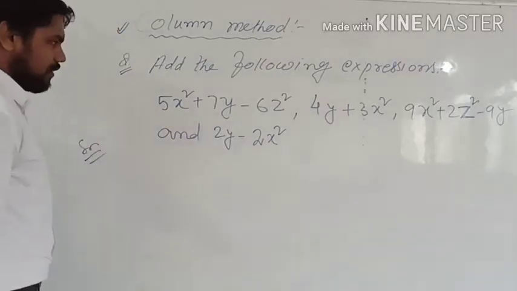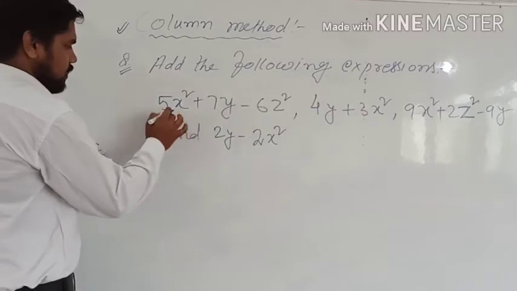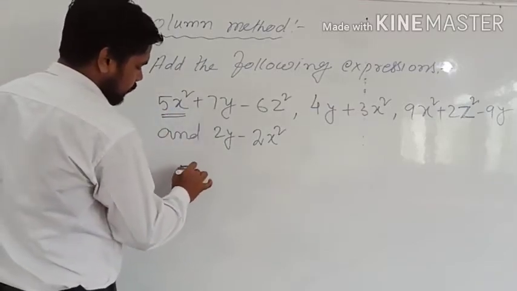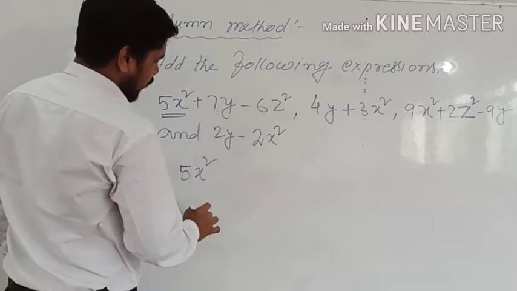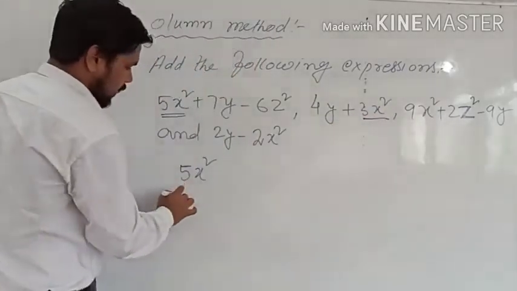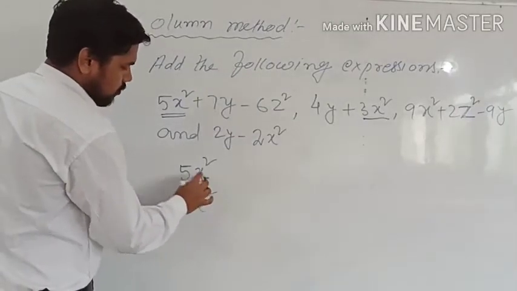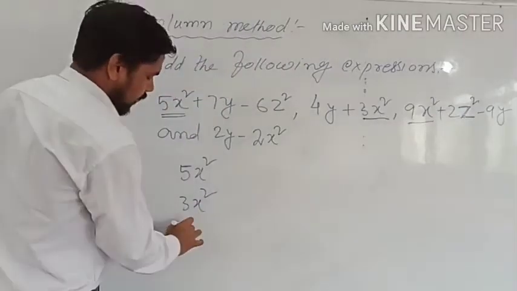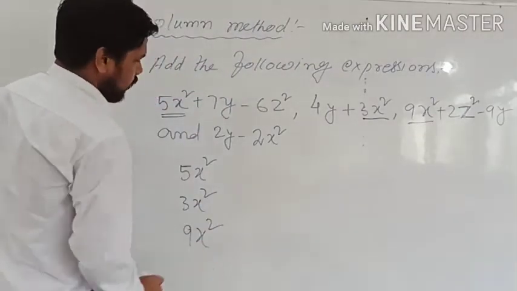So here first you have to arrange all the numbers, or you can write directly also just by putting the like terms. So here in this you can see 5x square is first, so we will write here 5x square. Okay, then in this we have 3x square, so we will write here 3x square. This is a column, and then here we have 9x square, so I will write 9x square.